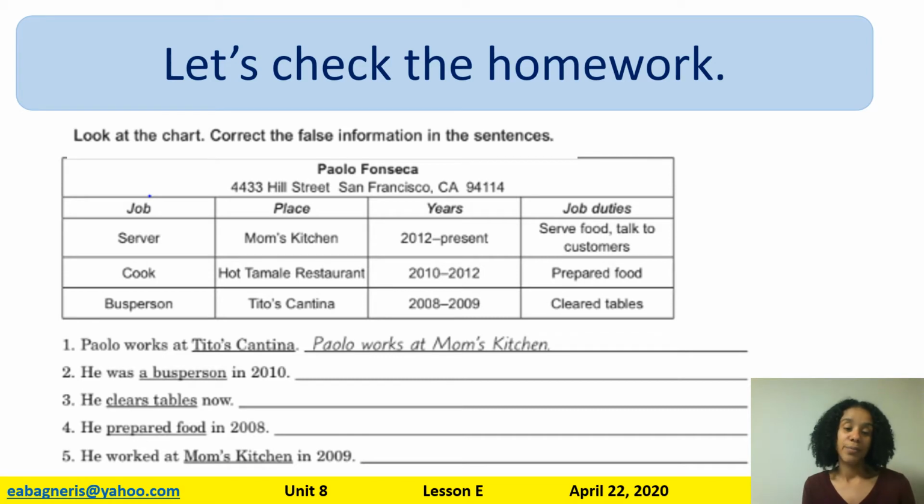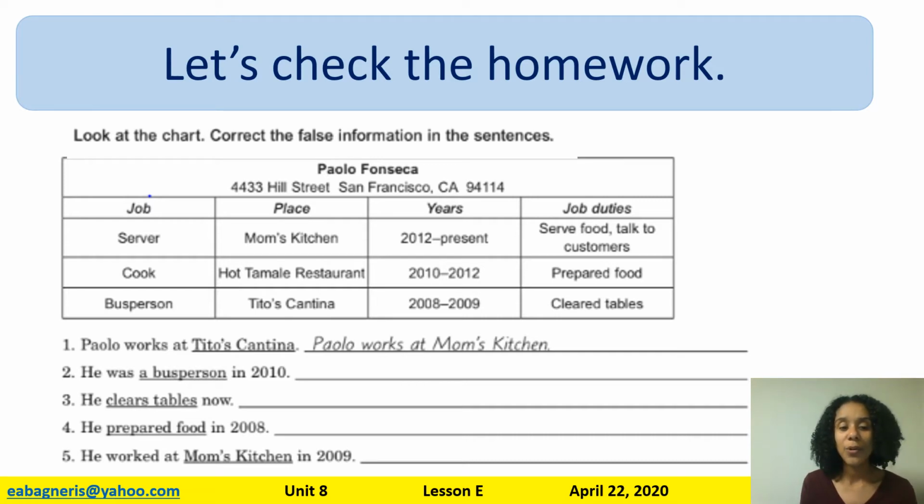Let's look at the example. Number 1. Paulo works at Tito's Cantina. This was a hard activity. Well, works is in the present tense. That means he is doing that today.